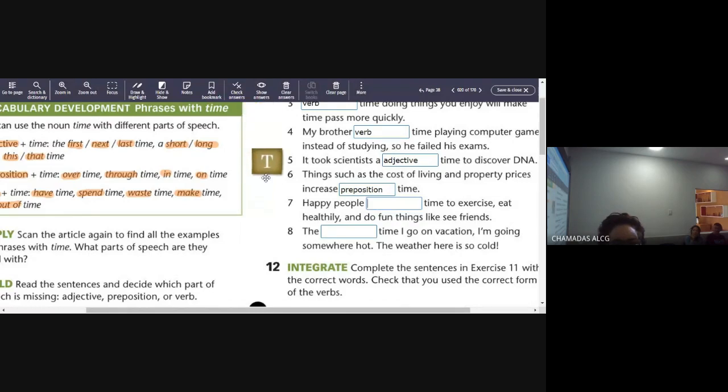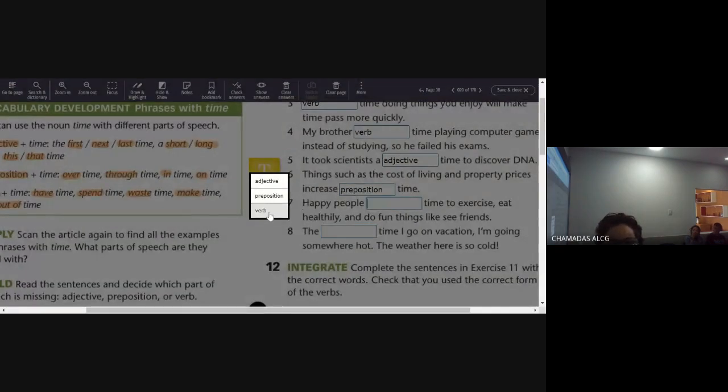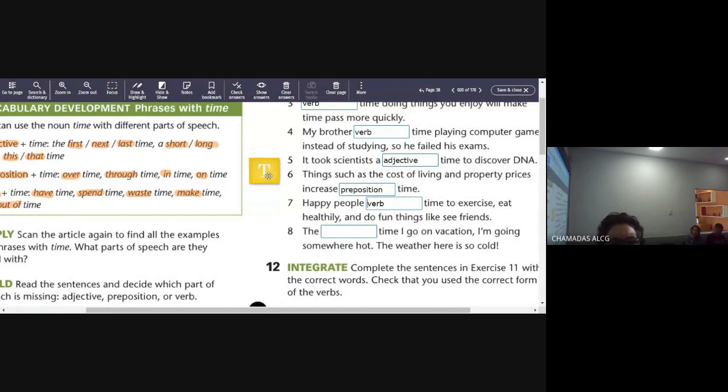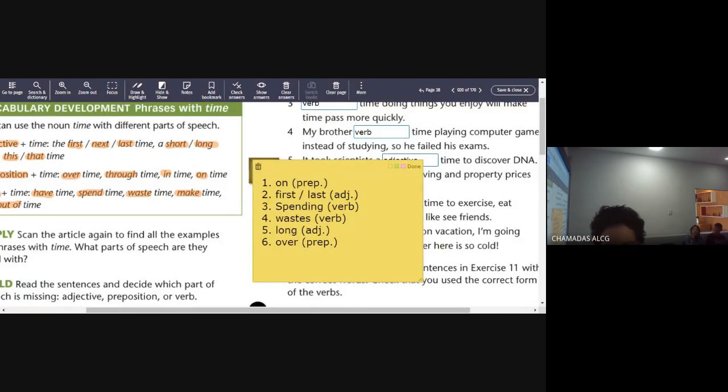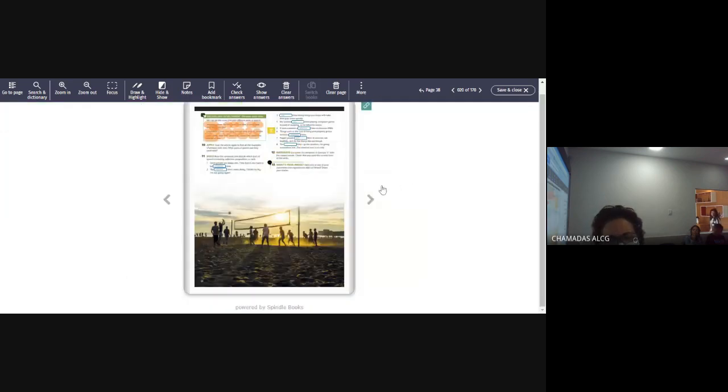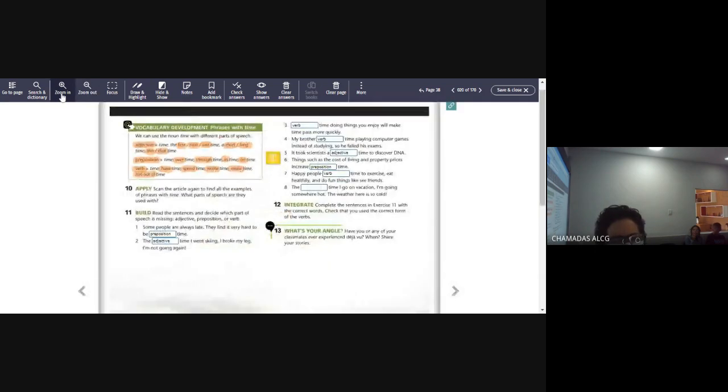A verb? Yes, a verb. And the best one? Make. We make time, we create time to do the things we need.